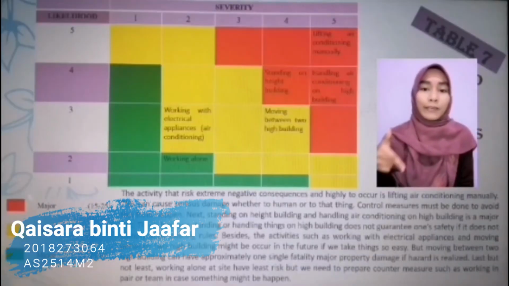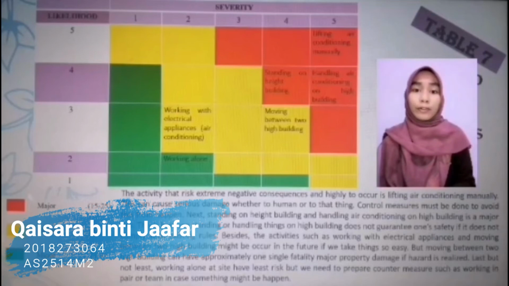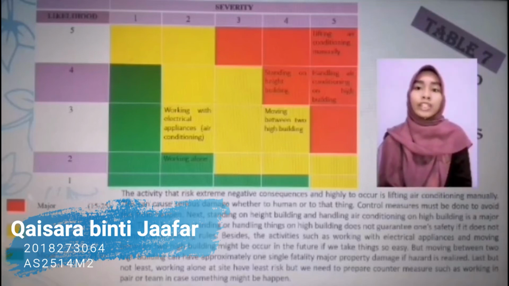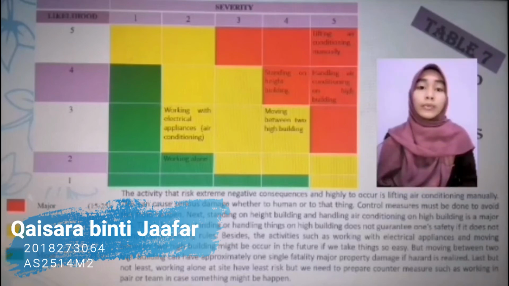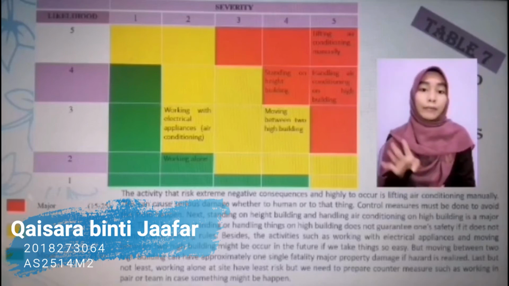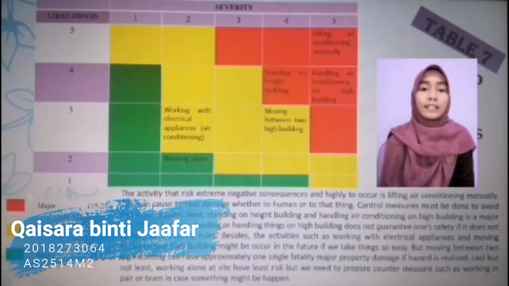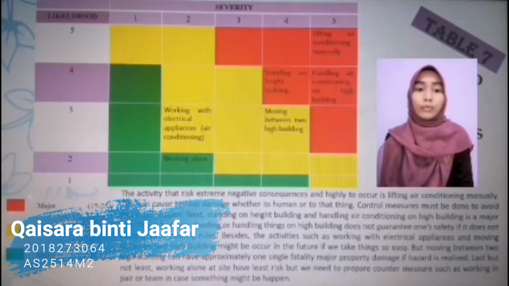While in Table 7, we transfer the information from Table 6 into this table, which is categorized and ranked by task. Here we can see the work activities in the risk metric table, which you can refer to in Table 4. We can also see which one is the most dangerous and which is the least. As you can see, the red color is the major one, which is the most dangerous activity.